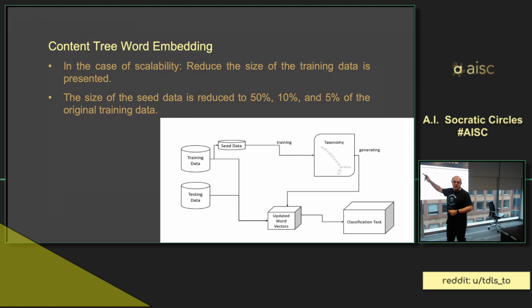We train and update the word vectors for just this training data, then use these updated word vectors for the testing data and the training data for representation. Then we go to the classification task for evaluating the newly generated word embedding.